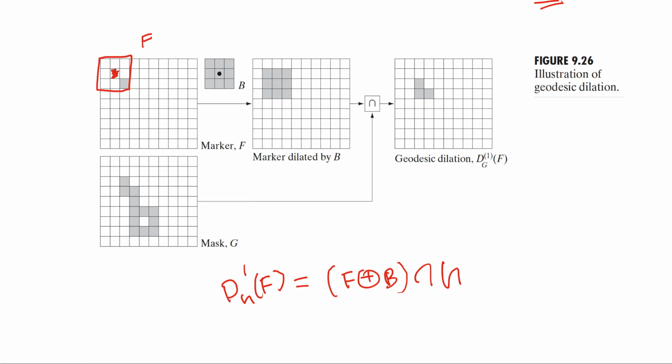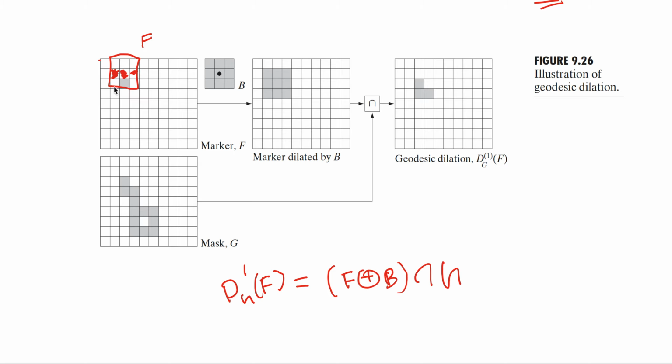Okay, then you move the structuring element to the next position. So this is the center. So you can see that there is one more element which is overlapping with the pixel in the original image. So this pixel will be also included in my output, and this continues on and on.